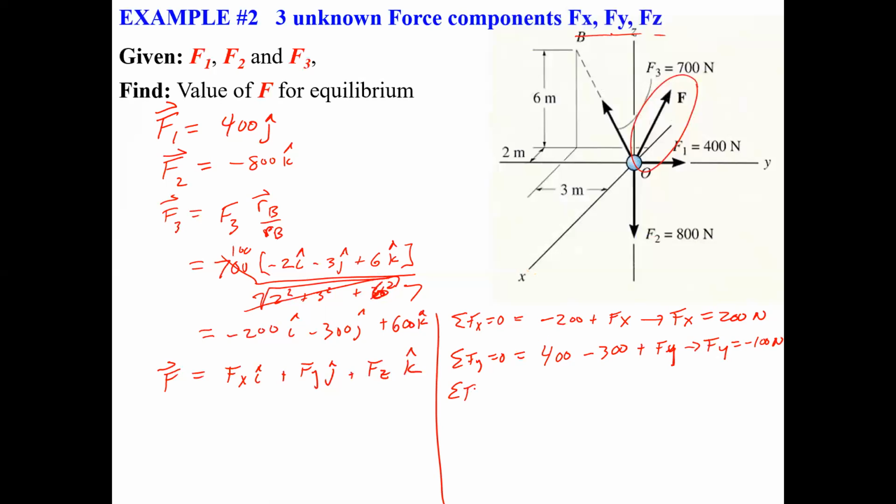And the sum of the Fz components means that we're going to have minus 800, that's F2, plus 600, that's F3, plus Fz, and therefore Fz is going to equal 200.